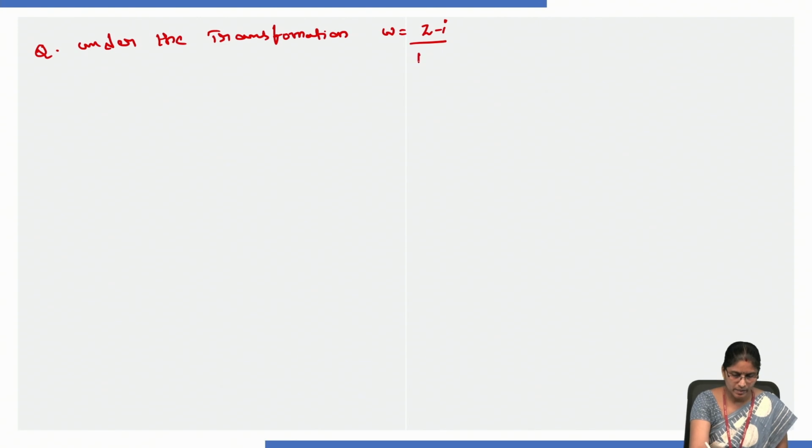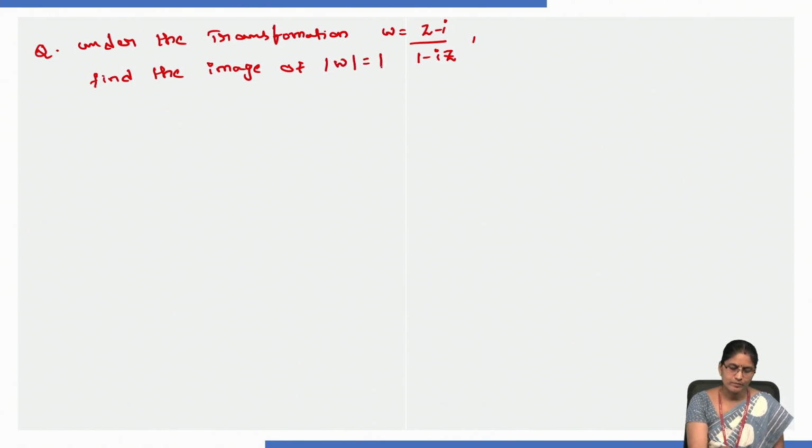See another example. Under the transformation w is equal to (z minus i) by (1 minus iz), find the image of mod w is equal to 1.